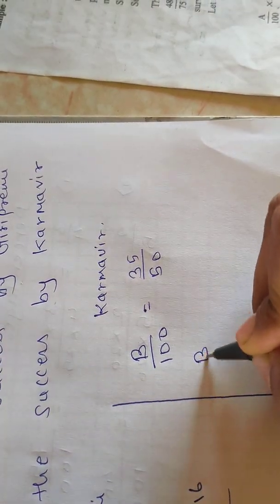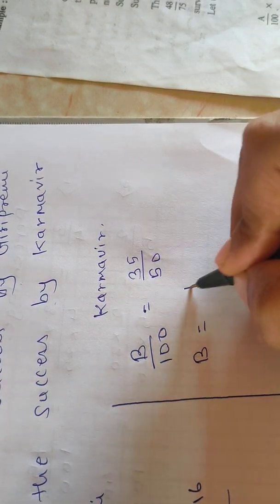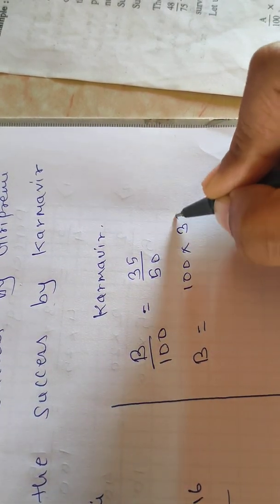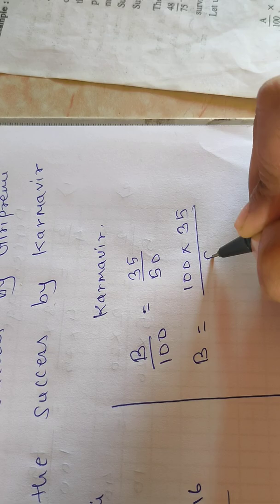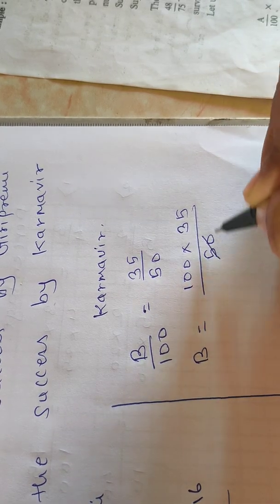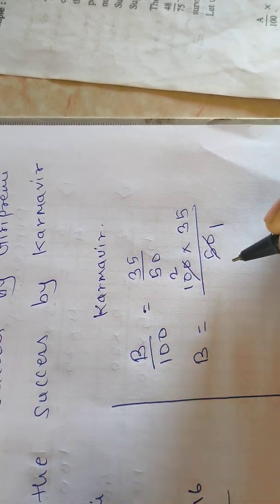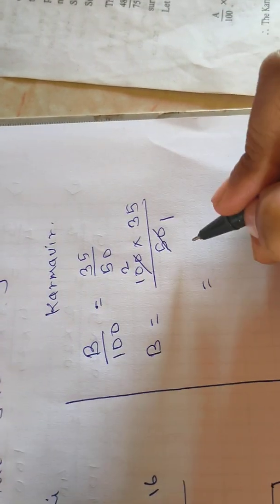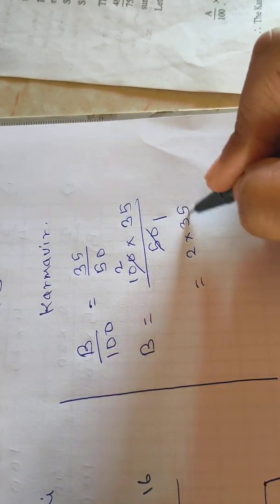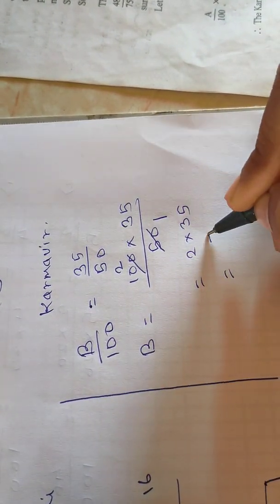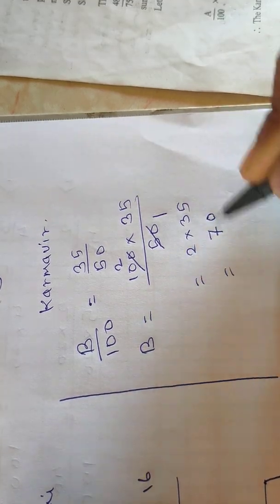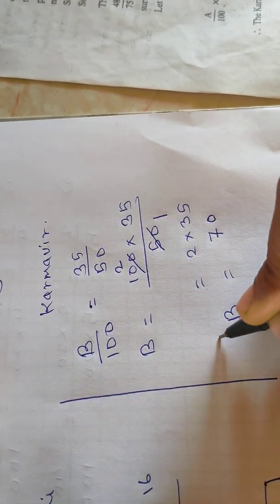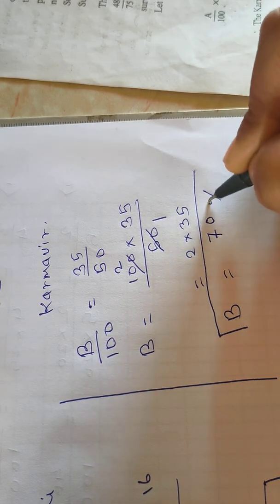Second one. B is equal to 100 into 35 upon 50. Simple. 50 ones are 50, 2 into 35 is equal to 70. So B is 70, but what is that?